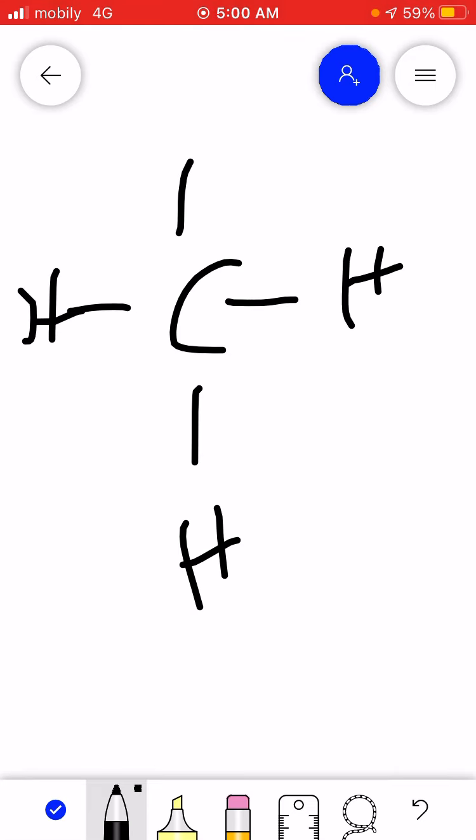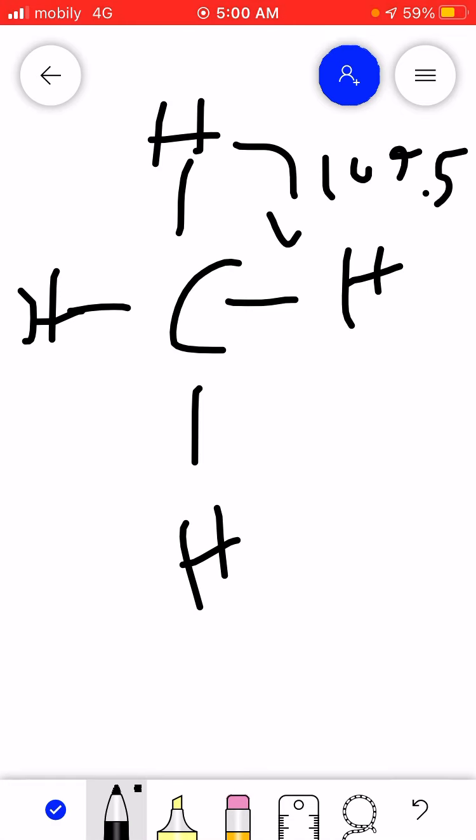It's 109.5 degrees between each bond, and yes, it's tetrahedral because carbon does not contain any lone pairs. If it contains lone pairs, then we add another angle.